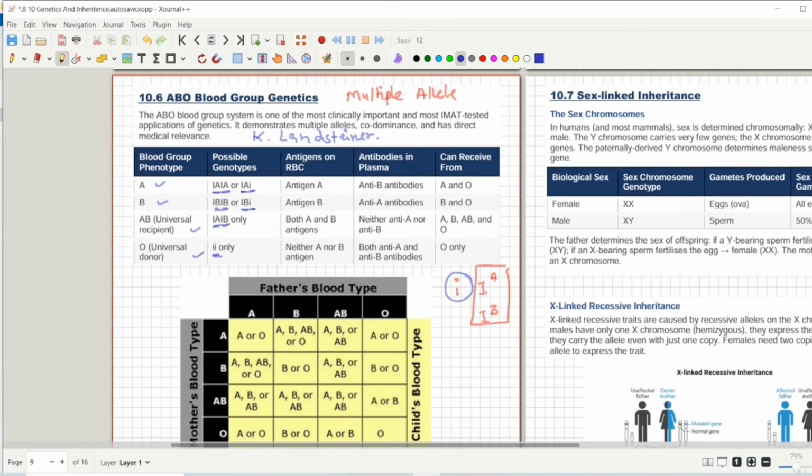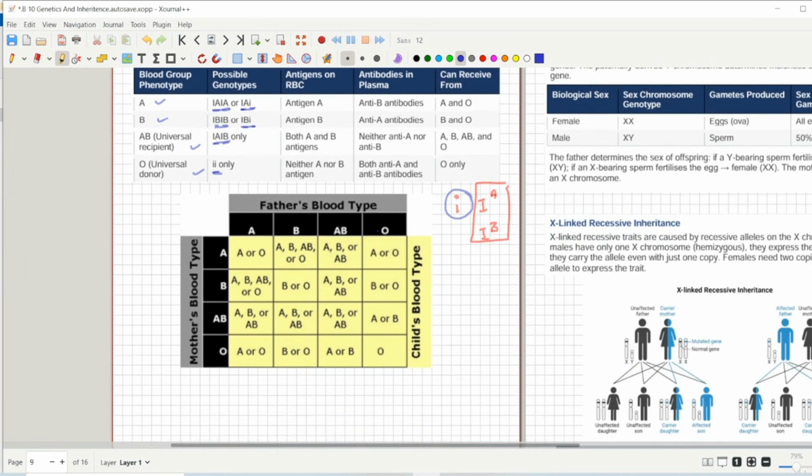So let's talk about antigens and antibodies. What are antigens and what are antibodies? Antigens are small proteins. For example, this is a red blood cell in front of you, and this red blood cell has a small protein on it, and this small protein is called an antigen.